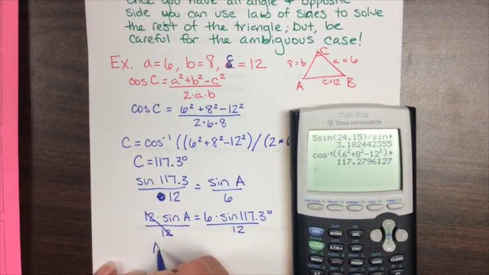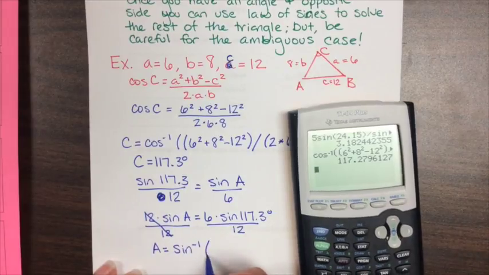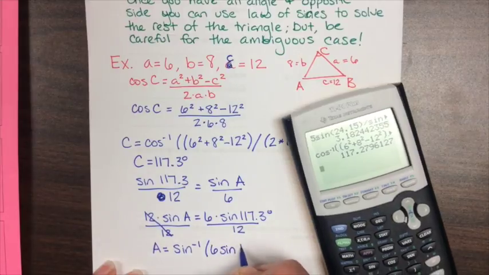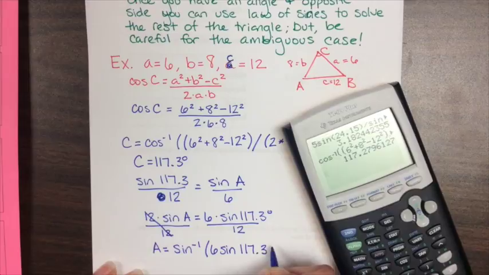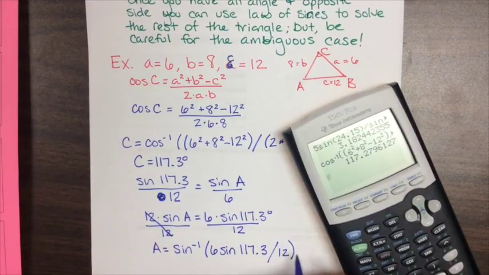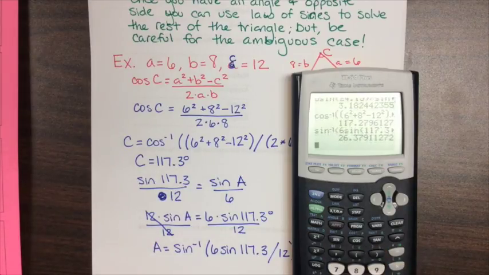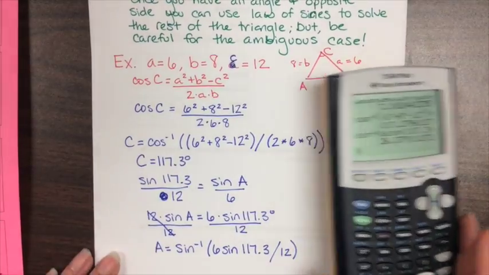So in our calculator, we're going to take the inverse of sine of 6 sine 117.3 divided by 12. Second sine of 6 sine 117.3, close that sine, then divide by 12 and close your inverse. And you get 26.4 degrees.